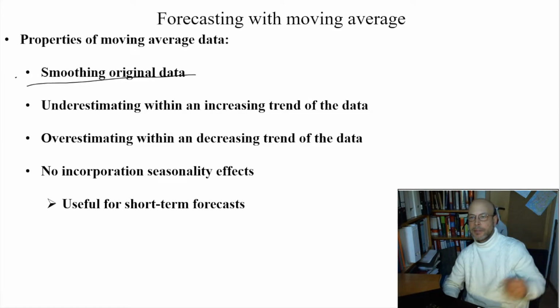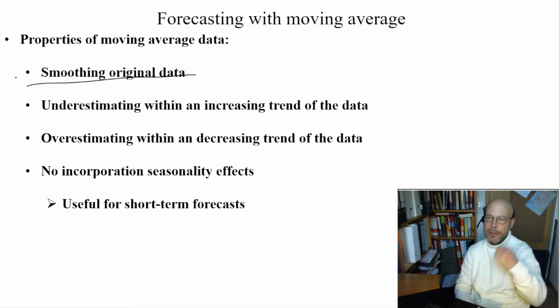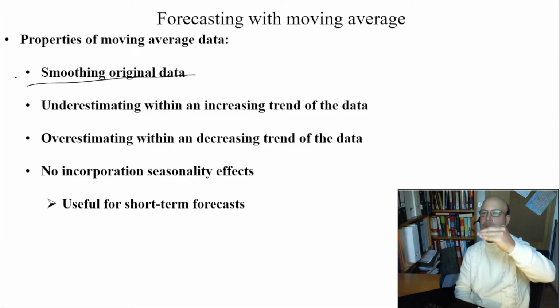But of course, using these moving averages, because we only look backward and do not make assumptions about the future, we are more or less settling on the level of the last periods of n equals 3, 5, or 7.